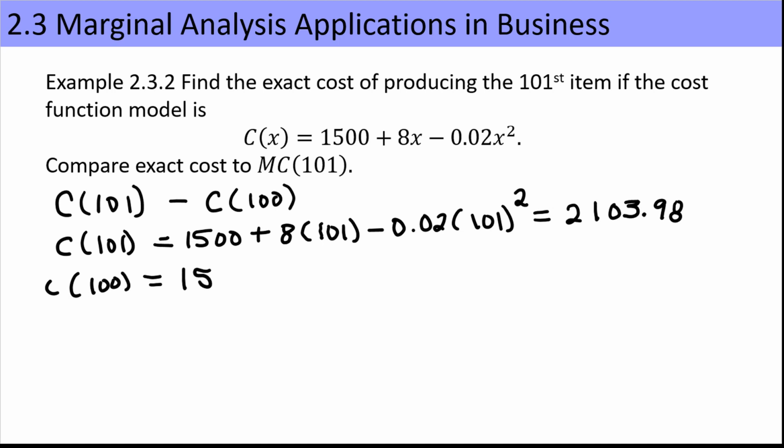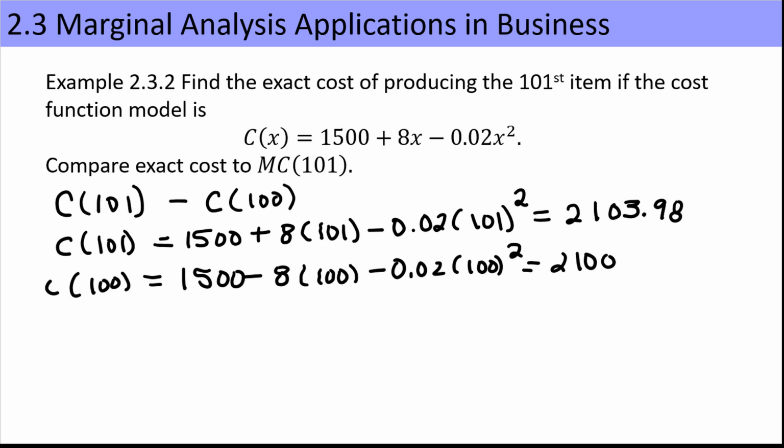That would be 1,500 plus 8 times 100 minus 0.02 times 100 squared. Use your calculator, and the output is 2,100. So C at 101, which is 2,103.98, minus C at 100, which is 2,100, gives us a difference of 3.98.